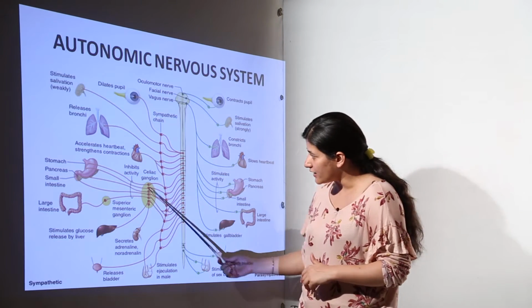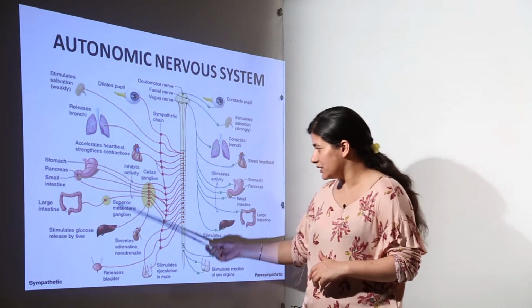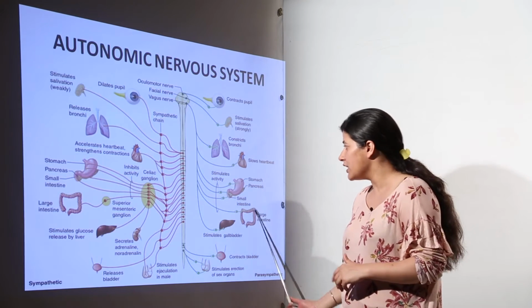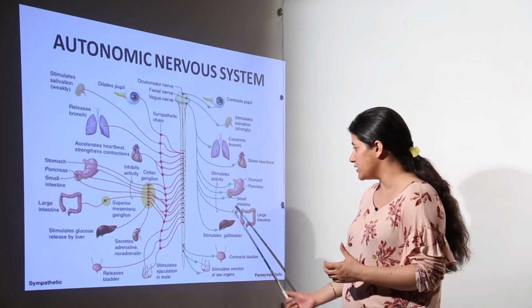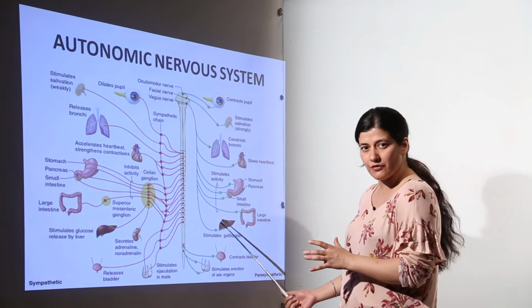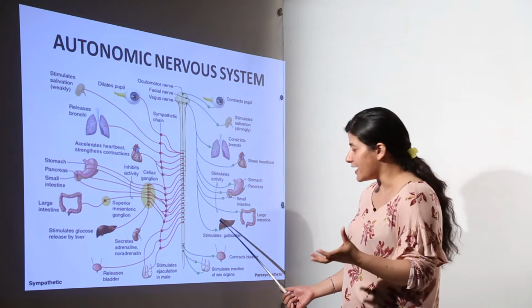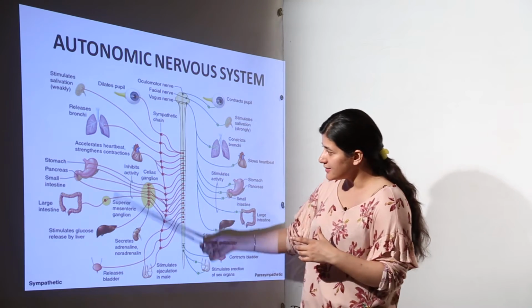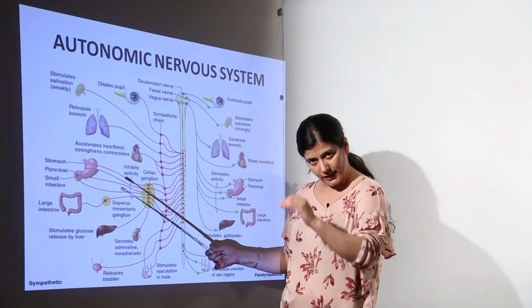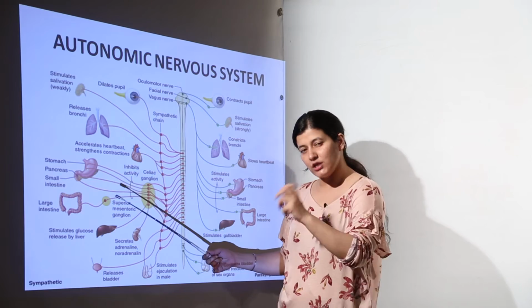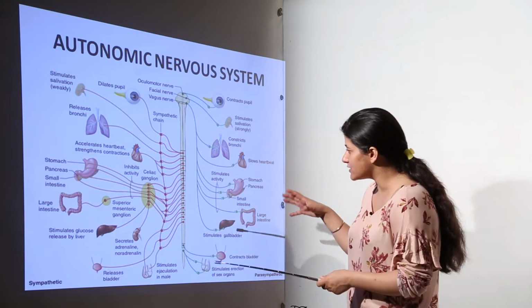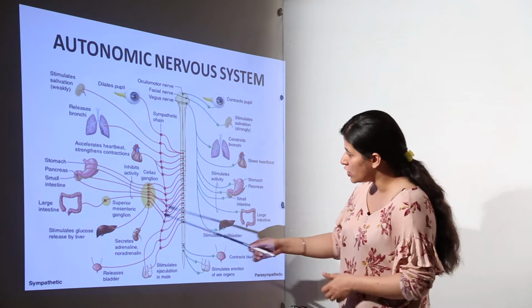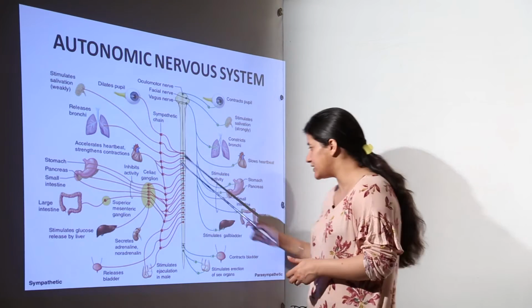Now whatever activity is inhibited in this case, this would be stimulated. Contraction of stomach, small intestine, large intestine, release of the various enzymes would be stimulated by the parasympathetic, while the sympathetic would bring back that release to its original condition depending upon the circumstances present in the body. This has a lot to do with our digestive system.